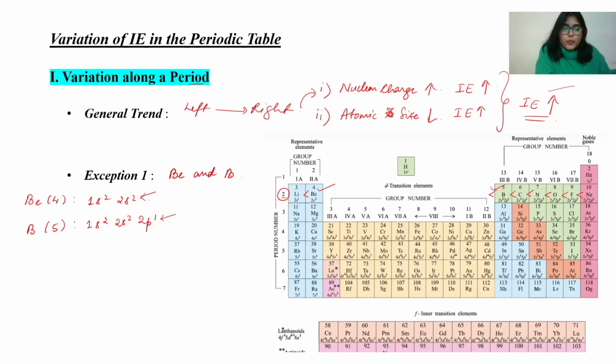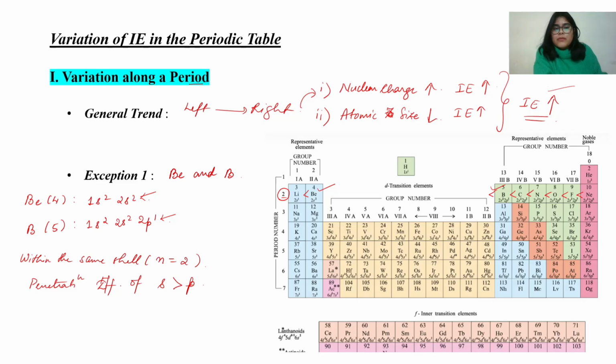So we know that within the same shell, here in this case n equals 2, the penetration effect of s is greater than p, right? So in case of beryllium, your most loosely bound electron is in s, whereas in case of boron, it is in p. And as penetration effect increases, ionization enthalpy also increases.